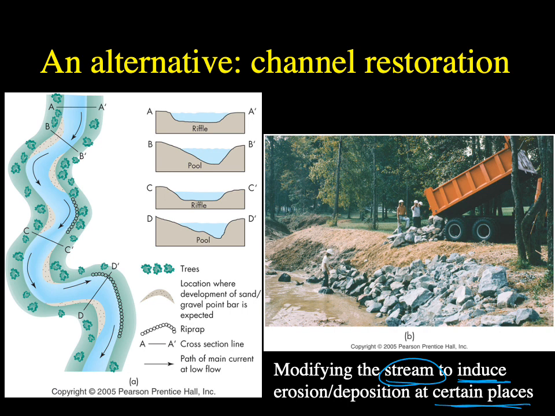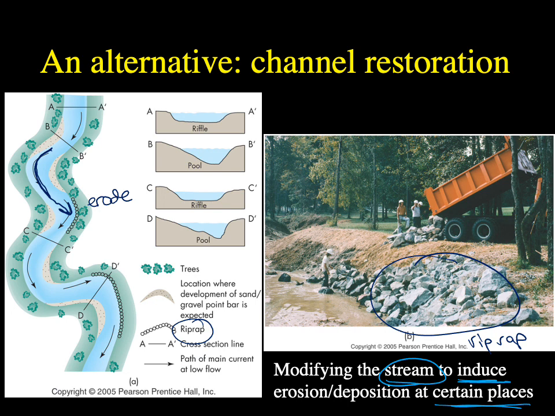So here's an example. What we do in a river is, if you've got water flowing through your river like this, right? And it wants to come out here to the cut bank and it wants to erode here at the cut bank, what you can do is you can use this stuff called riprap. That's what this is, okay? These blocks of natural rock, sometimes they're concrete or whatever.